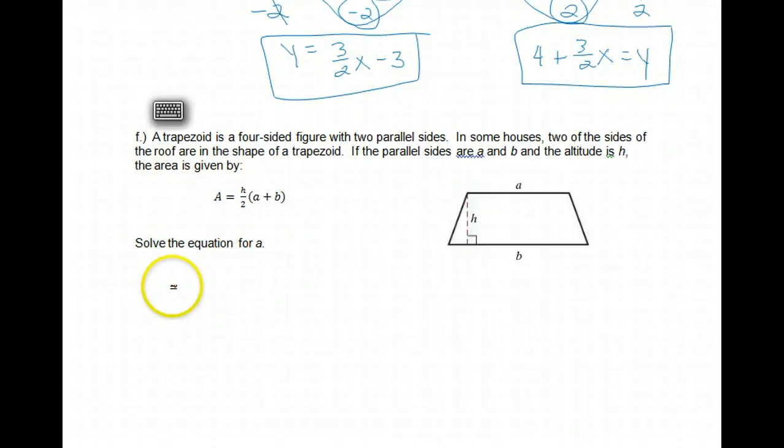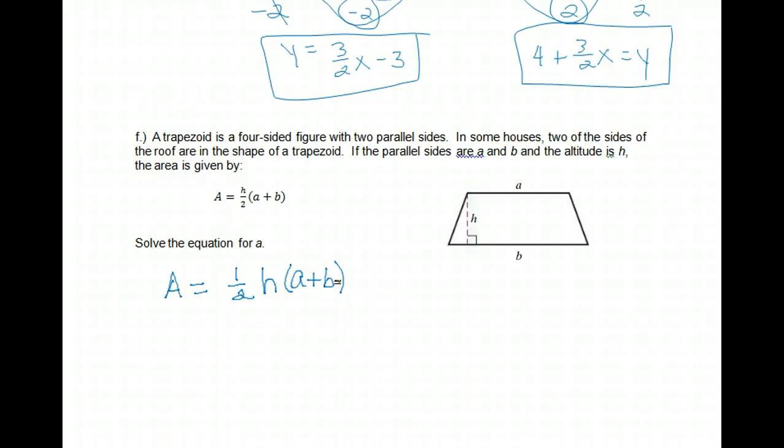I'm going to go ahead and rewrite my equation. A equals, I'm going to write this as 1/2 h times A plus B, just simply because I like it better when I get to see that fraction pulled out in front. You don't have to write it that way. You can leave it as h over 2. That's all right.